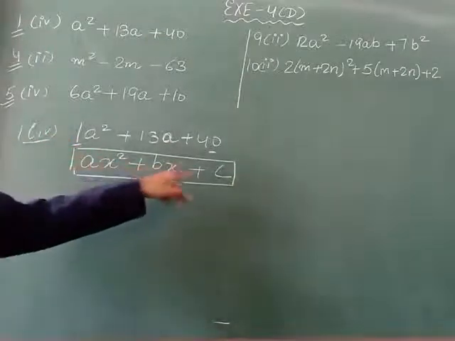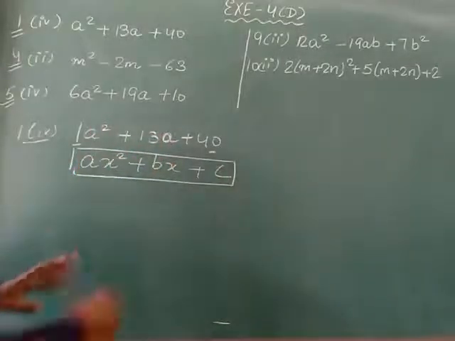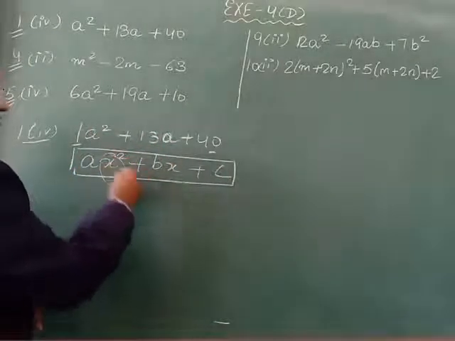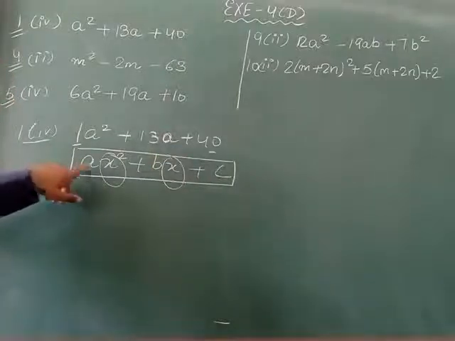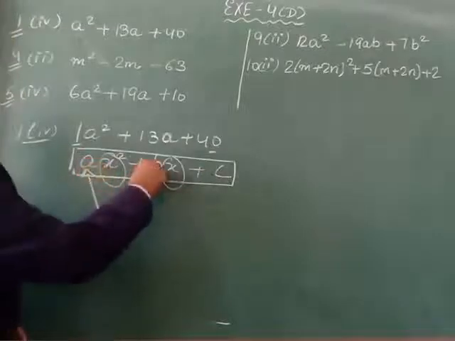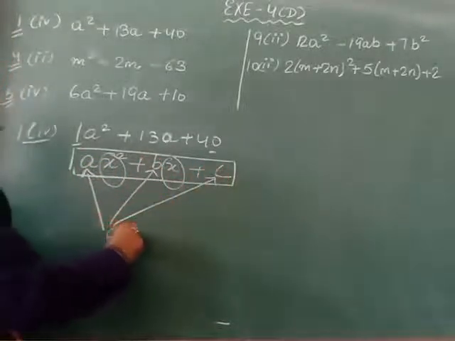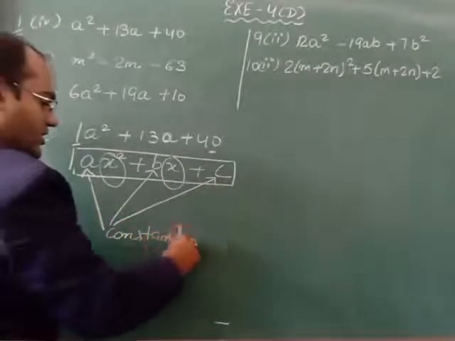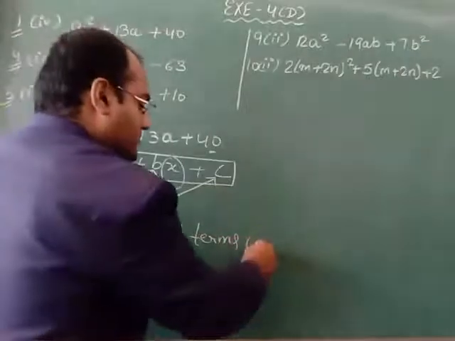In place of x in this question, the alphabet a is coming. A, b and c, these three are constant terms. Constant term means numbers.